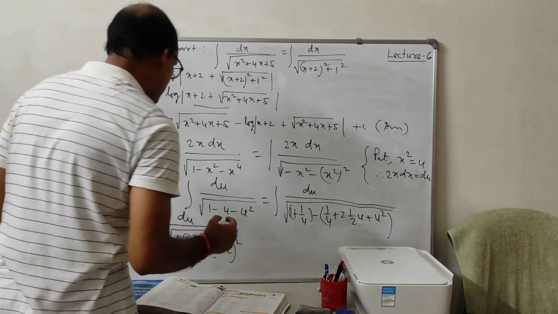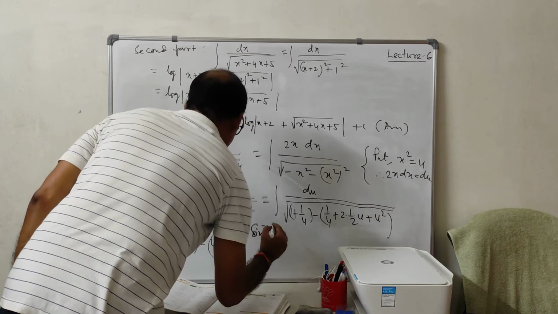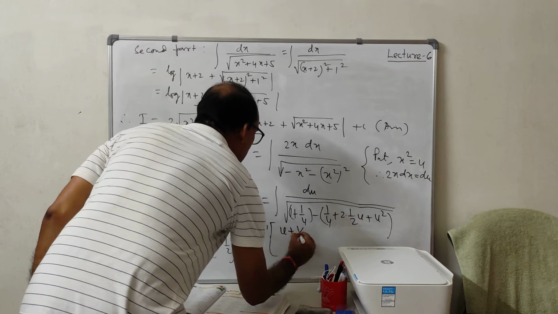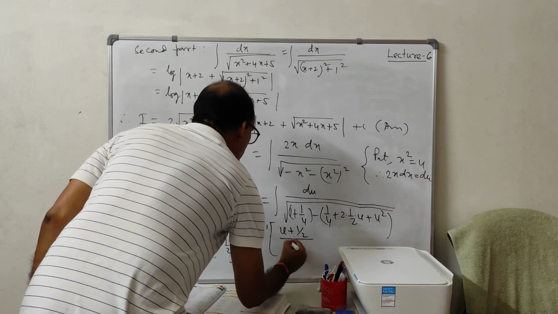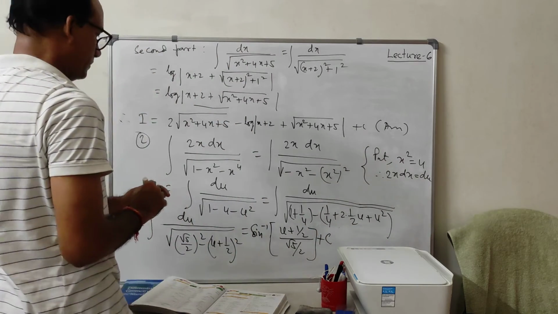Okay, so this will be sine inverse u plus half by root over of 5 by 2 plus c.